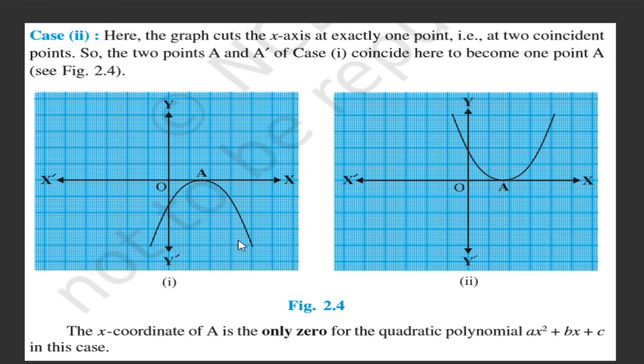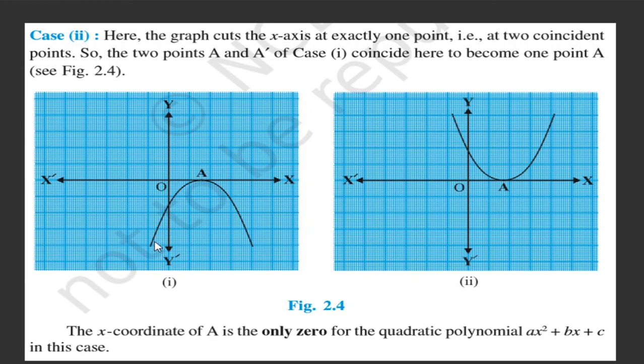Here you observe, when you move on the x-axis to the right side, what changes do we observe in the values? They increase. And when you move up on the y-axis, what changes do we observe in the y values? They also increase. Let us observe the parabola. So the parabola comes like this.